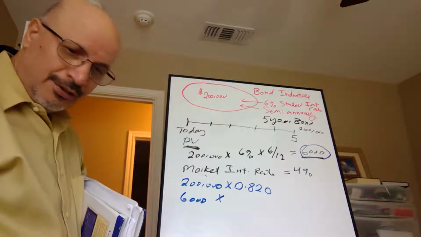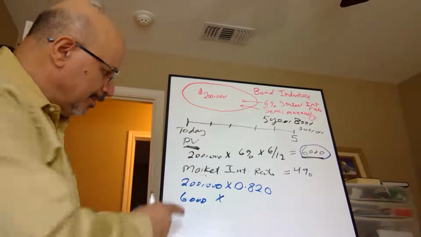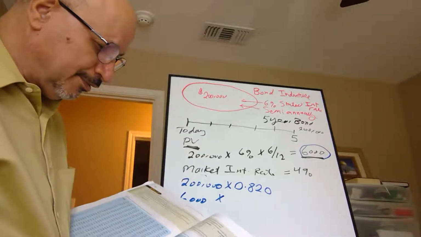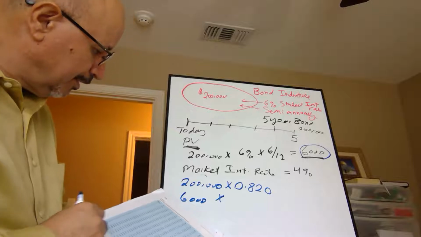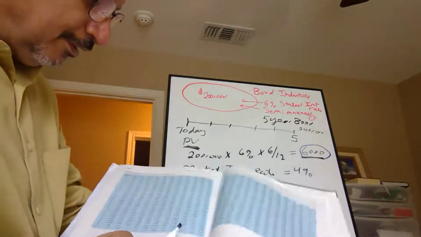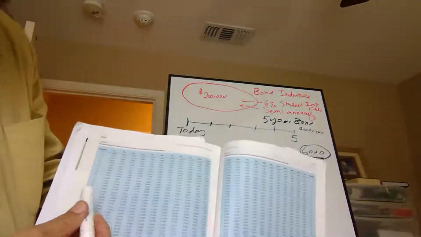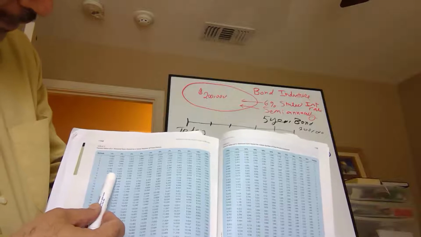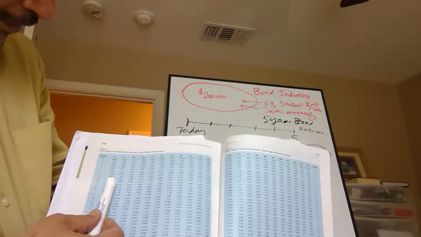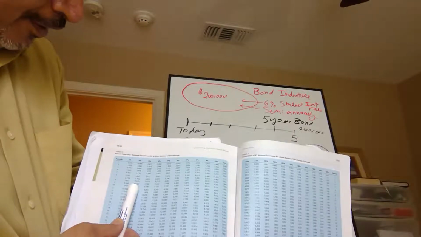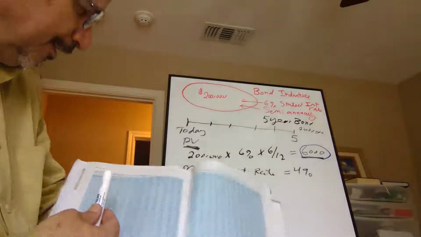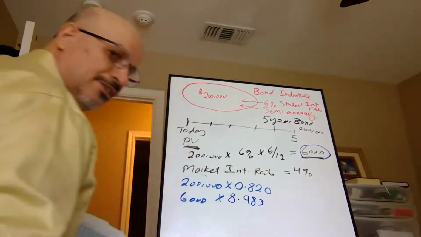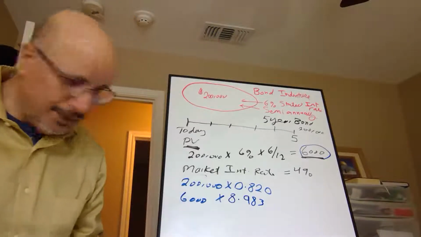And for the annuity, we use table 2. Again 10 periods and 2%, which is 8.983.